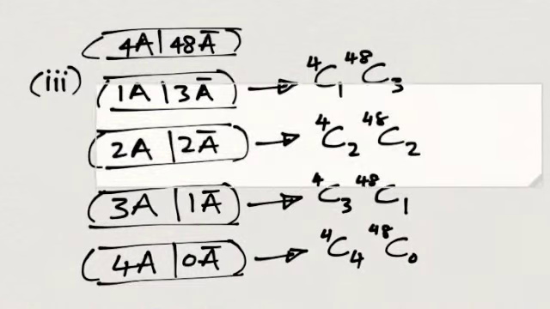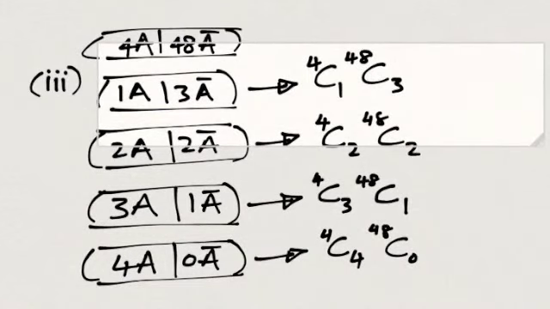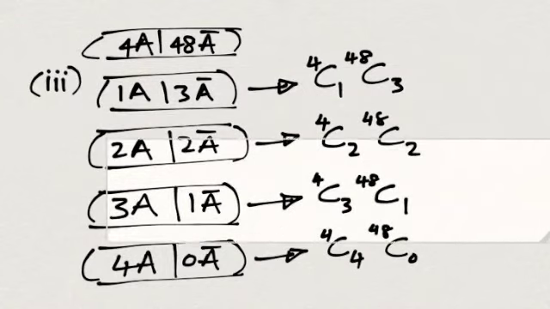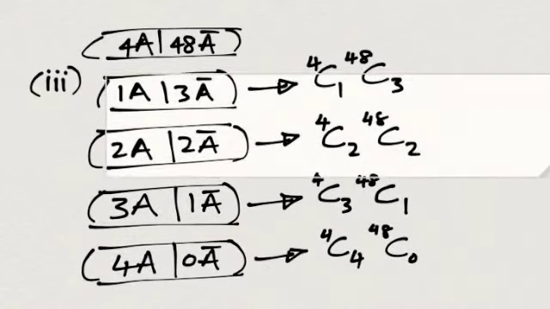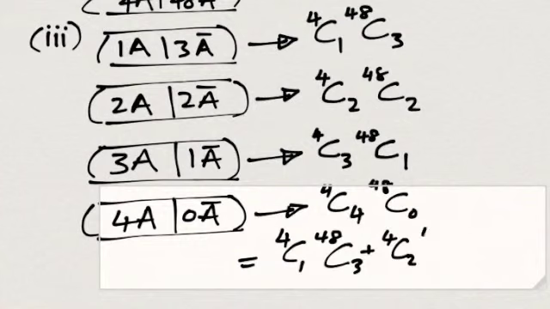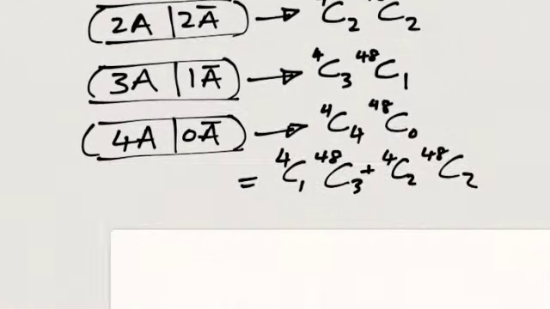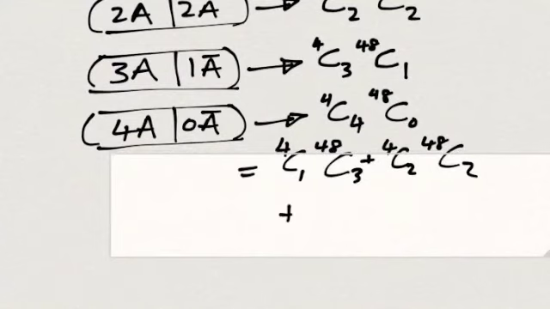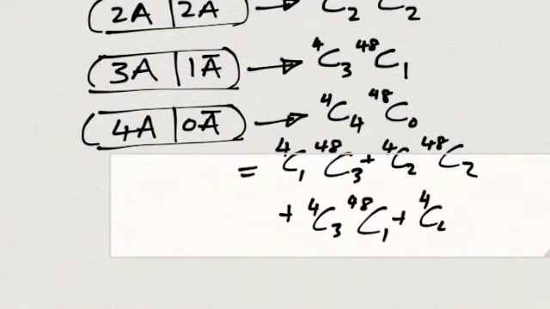So the number of possible ways of having at least 1 ace in a hand of 4 cards is the sum of all these terms, which is 4C1, 48C3 plus 4C2, 48C2 plus 4C3, 48C1 plus 4C4, 48C0.